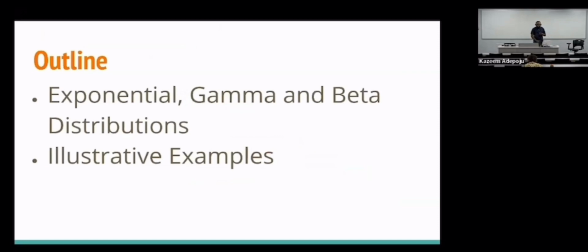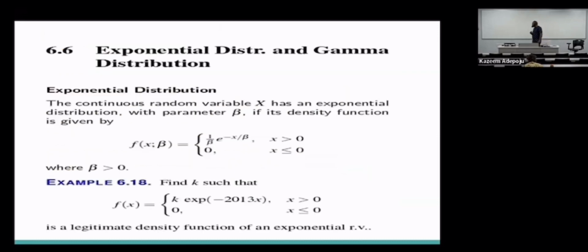Okay, so in the outline, of course, that is what I want to do. I'm going to walk you through some illustrative examples. I'll first start with the exponential distribution. Now, the exponential distribution and the gamma distribution have a relationship, just the same way the geometric and negative binomial have a relationship.